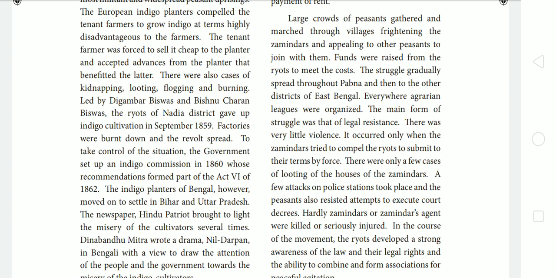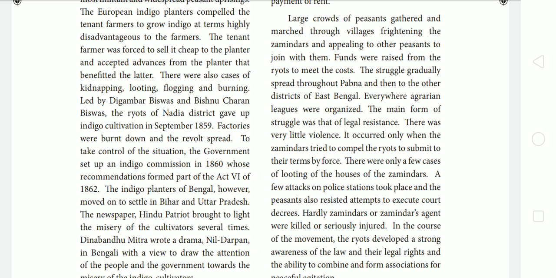Then they also appealed to the other peasants, asking them to join the revolt. The funds for the revolt were raised by the ryots to meet their cost.